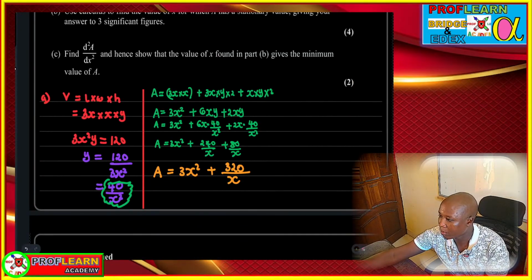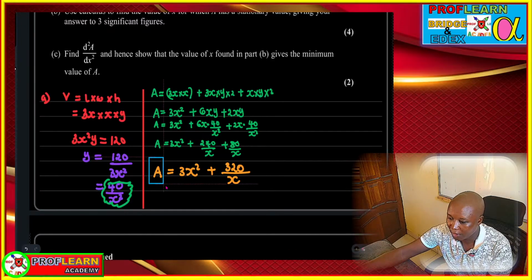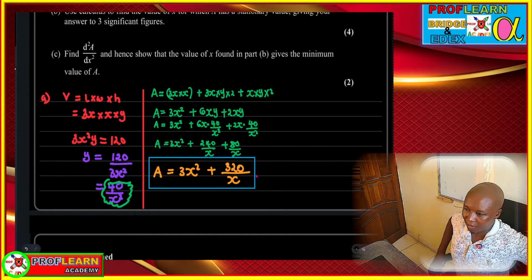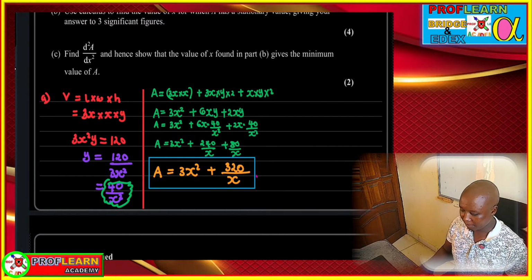So basically that's what we were supposed to show in this particular question. That is part A. And then we are told to use calculus to find the value of x for which A has a stationary value.